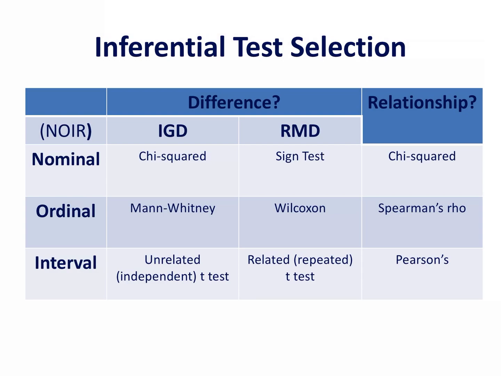Now, which one of those we pick to run on our data all depends on whether we've got nominal, ordinal, or interval data. A really good time to point out, guys, that in that list of relationship options, Spearman's rho and Pearson's are the only two true tests of a correlation.